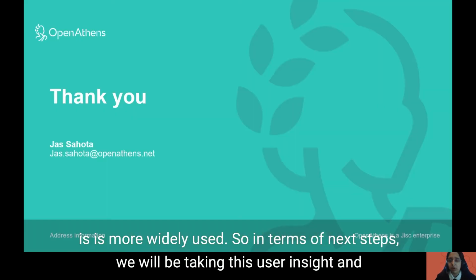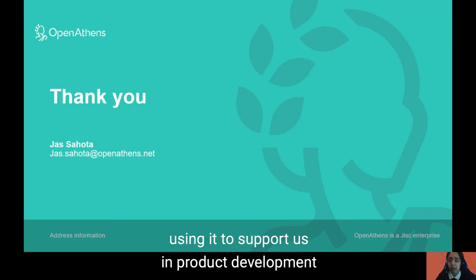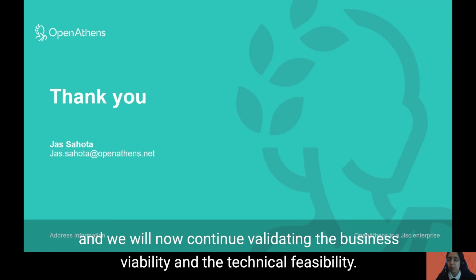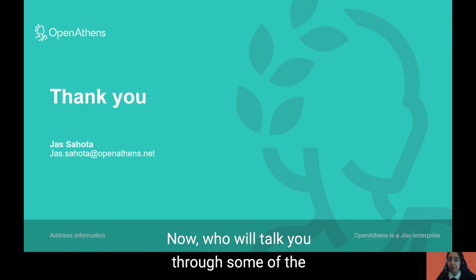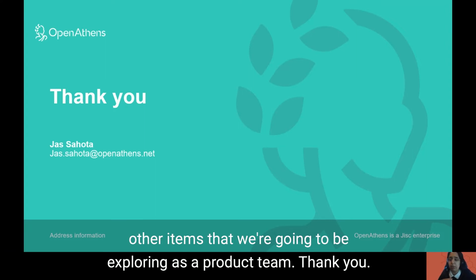So in terms of next steps, we will be taking this user insight and using it to support us in product development, and we will now continue validating the business viability and the technical feasibility. Thank you very much, and I'm going to pass it over to my colleague Jake now, who will talk you through some of the other items that we're going to be exploring as a product team. Thank you.